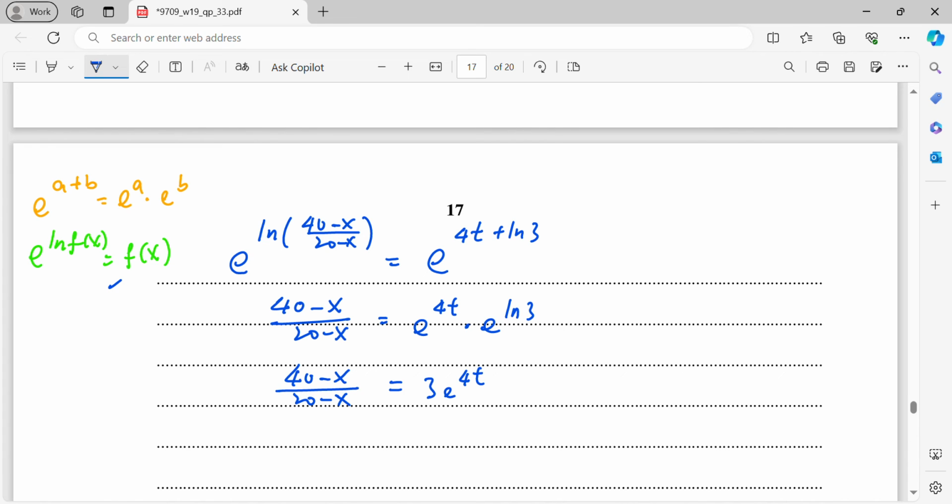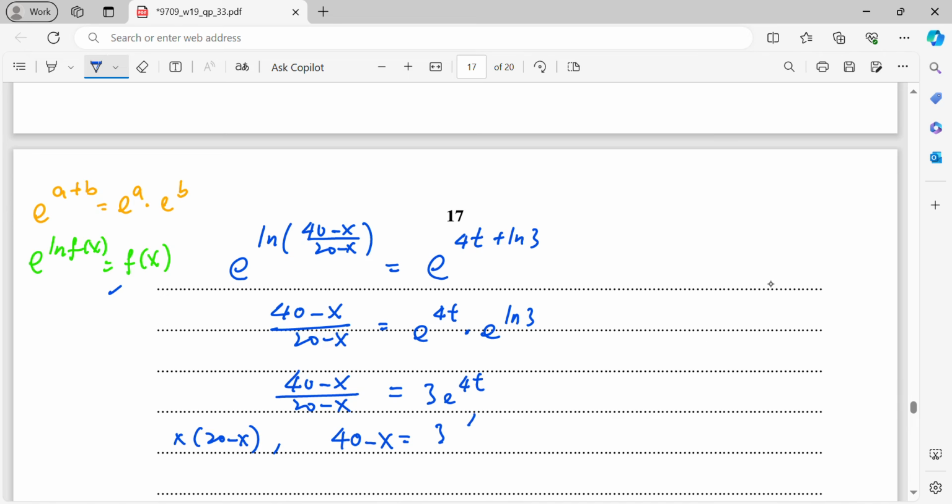Now, again, to get x as the subject, I will just move the 20 minus x to the right side. Okay, so it means I times 20 minus x. Therefore, 40 minus x equals 3e^(4t) multiplied with 20 minus x.